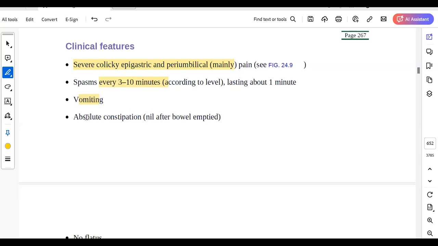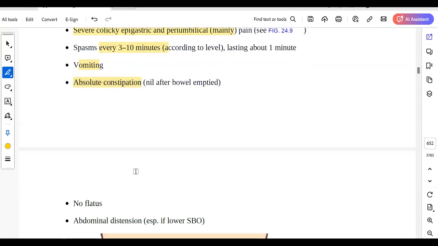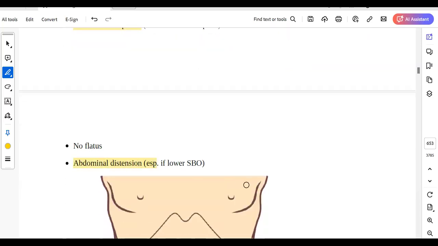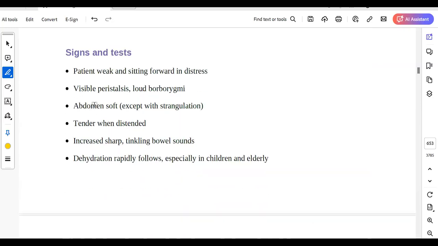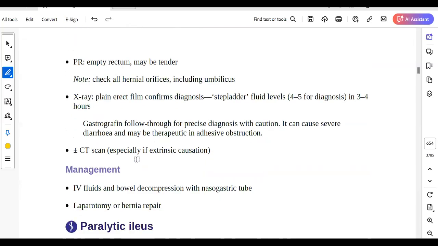Vomiting will be there, so these two come first, and then follow absolute constipation and abdominal distension. If you examine this patient, you can sometimes get visible peristalsis, tender abdomen, and increased bowel sounds. All of these can be found in your examination. If you do a per rectal exam, it will be an empty rectum.